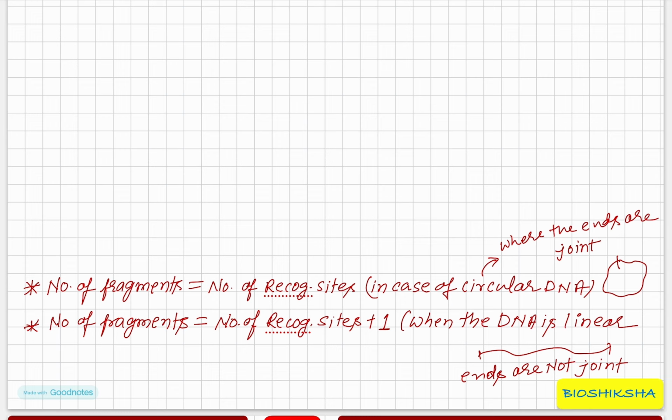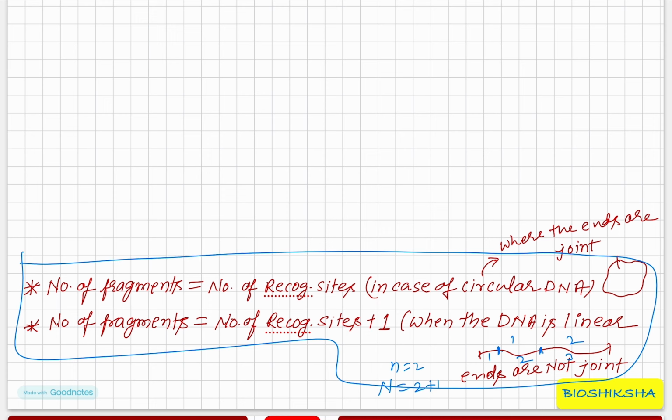For example, if we have 1 restriction site, how many fragments will it produce? 2, since n is equal to 1, so 1 plus 1 is 2. If we have 2 recognition sites, n is equal to 2, so the number of fragments will be 2 plus 1, that is 3 fragments. So this is how it is. You must remember that.